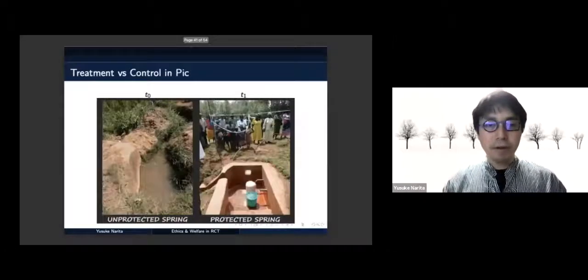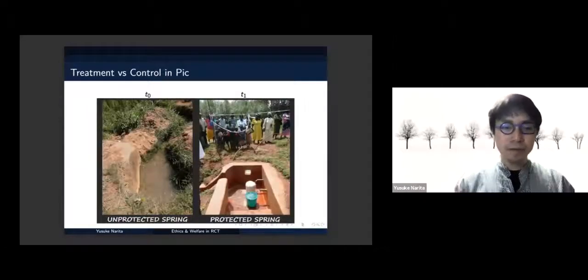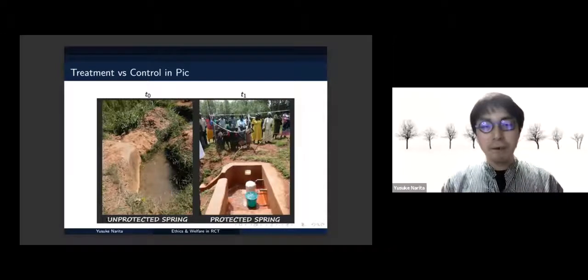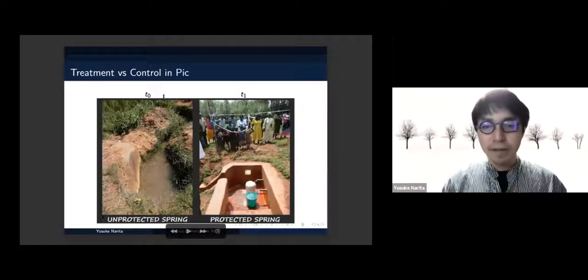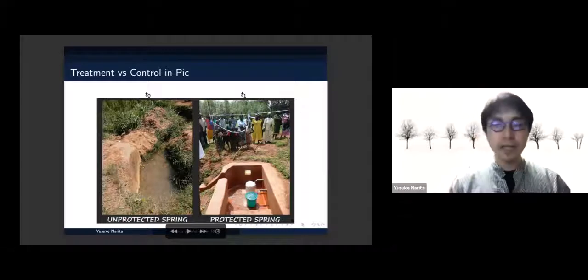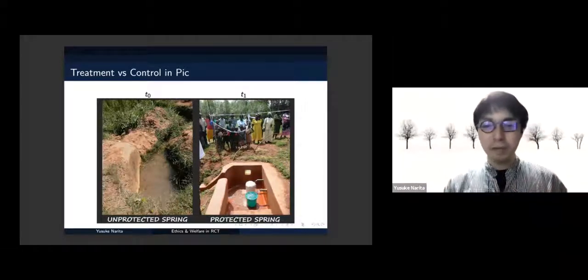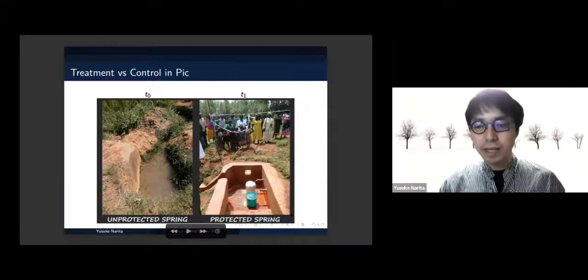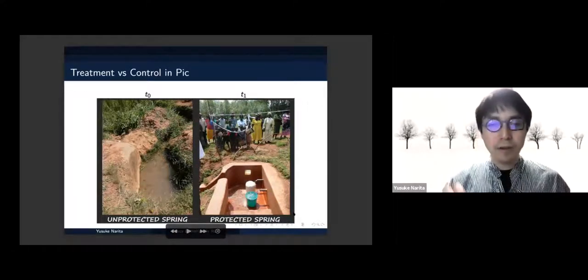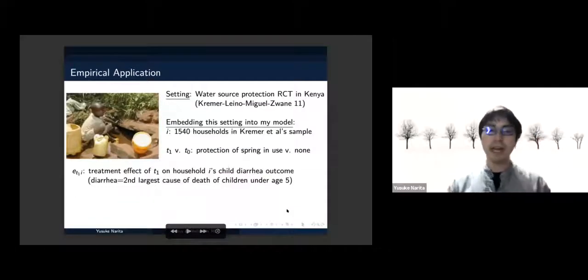Here the protection means some cleaning up of unprotected springs on the left into something like the right one. So the experimental NGO tried to improve the quality of these springs or water sources, to avoid a bunch of bad outcomes such as child diarrhea.